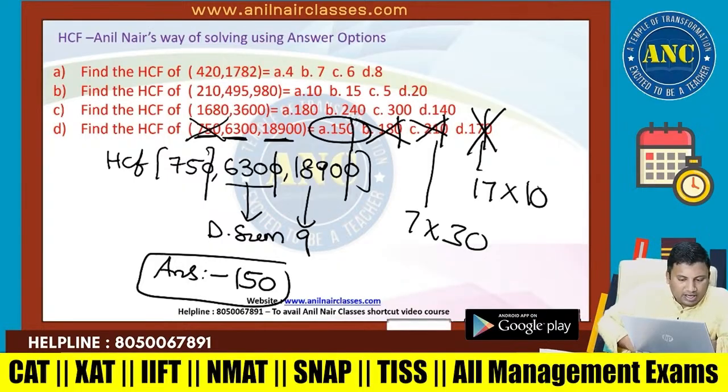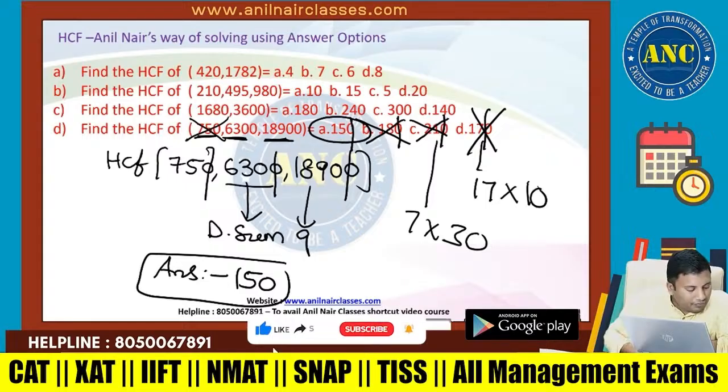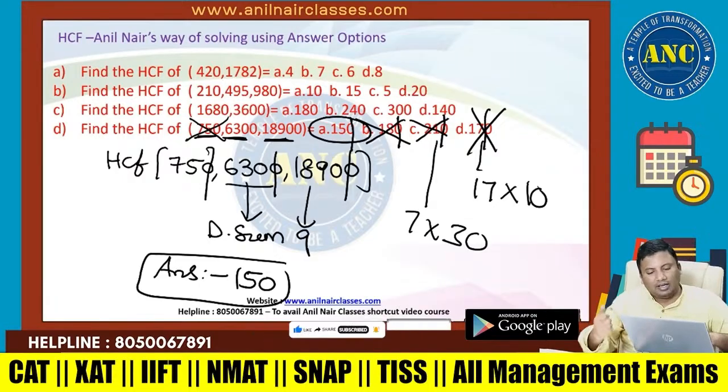Prasad says, if I eliminate 0 from 1680 and 3600, we will get 168 and 360, which is divisible by both the factors of 18. You made a mistake, Prasad.